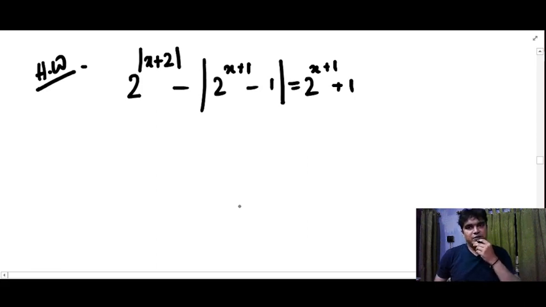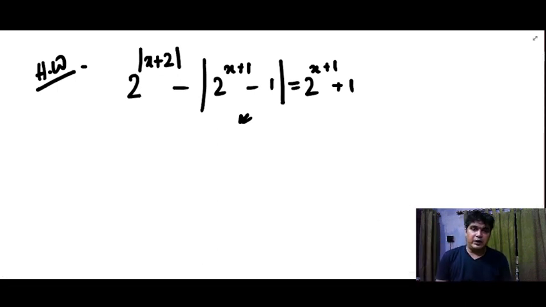You just have to check, if mod of x plus 2 is there, then one interval you are getting is x plus 2 greater than 0, that is, the value of x greater than minus 2. In the same way you have to find the interval for this particular portion, and then make cases and check where the function is giving you a positive or negative value. Accordingly you have to find the value of x, right?